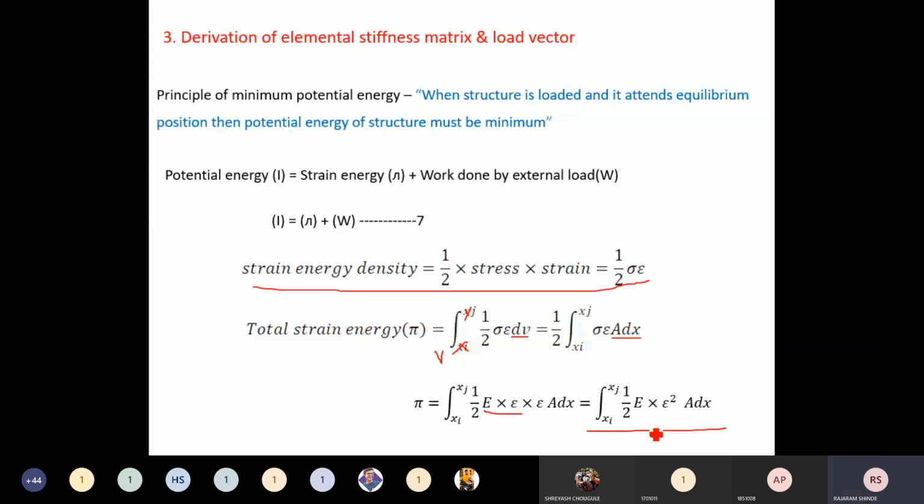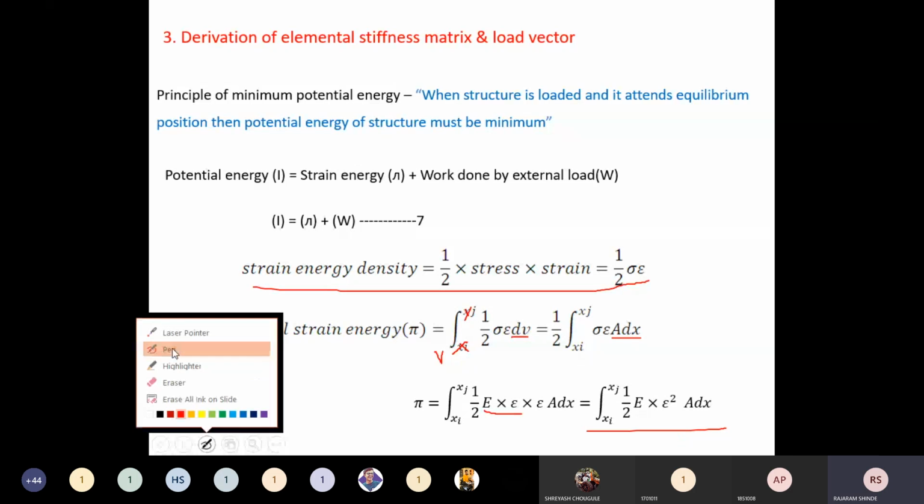Okay. Now after that, what I will do, I will replace this strain by the nodal displacement. How I can replace this strain by nodal displacement, I will tell you. You see this is the equation which I have written on the last slide.